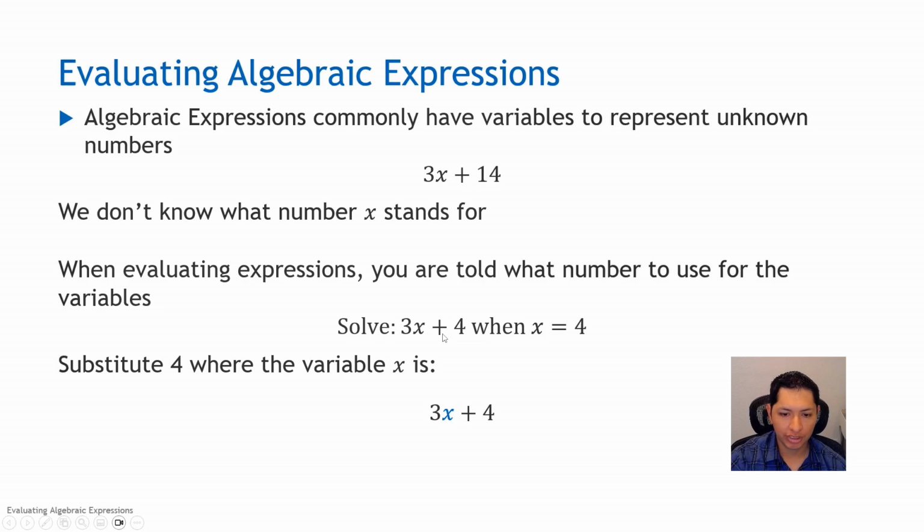So the expression now becomes 3 times 4 plus 4. Following PEMDAS, you do 3 times 4 first, which is 12, and then you add 4, and that answer is 16. That is an overview of evaluating algebraic expressions.